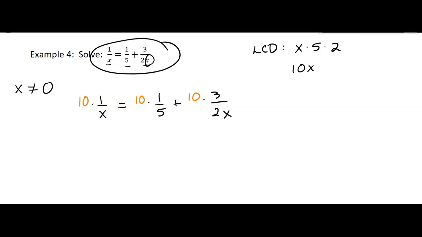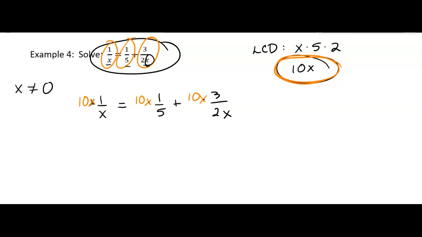You're stopping and saying, wait a minute, why didn't she put the x in? My LCD was 10x, so I better slide the x in there. Ooh, it should be in orange. Okay, it's in there now. All right, so let's see what happens. Now let me just go over that little error I made. It was 10x that we were multiplying by. So 10x, 10x, 10x. Each of these 3 expressions, each of them got multiplied by 10x.